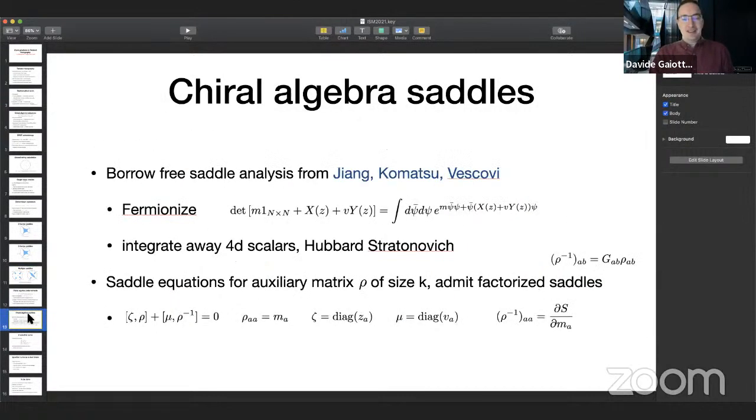I think in the physical theory, this is a tricky statement, because it's not clear that as you turn on the 't Hooft coupling, rho will be the correct auxiliary field to add, but it's definitely a very natural statement in the free theory.